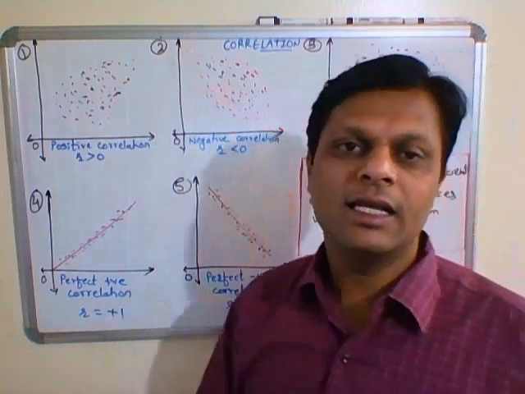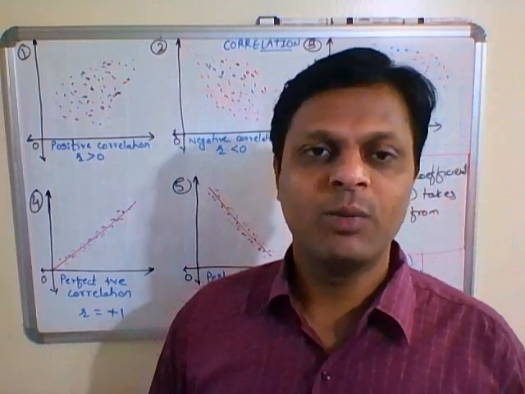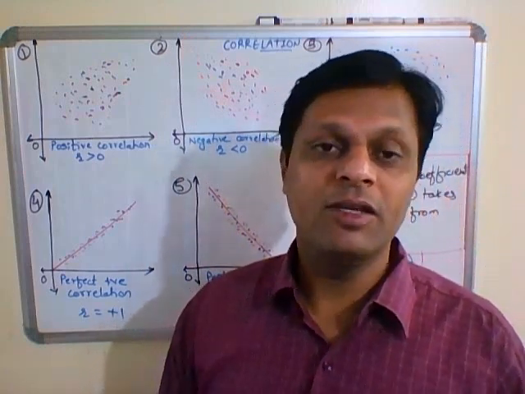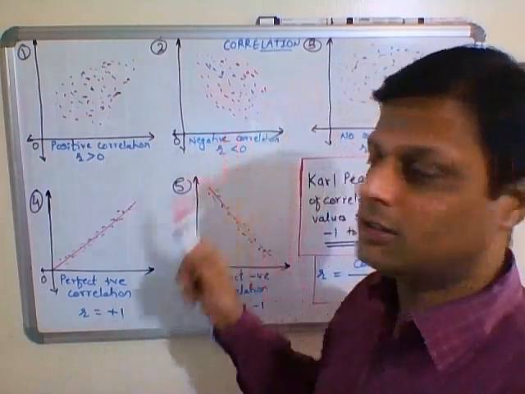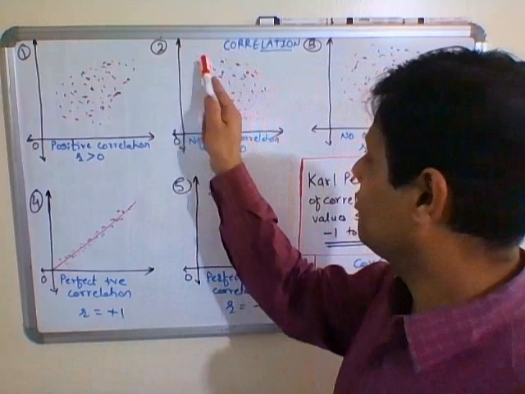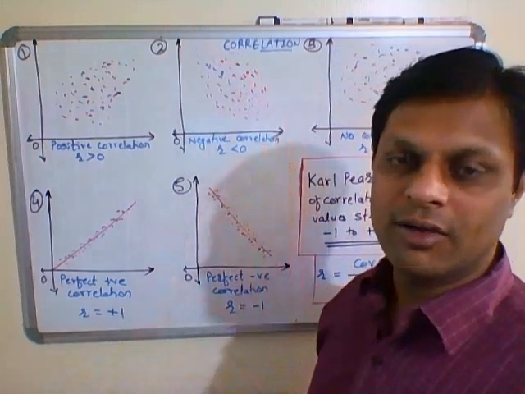Then we say there exists a reverse or inverse relationship between them, and we say it's a negative correlation. So we say there exists a correlation. Such a graph shows downward movement in a scattered way.